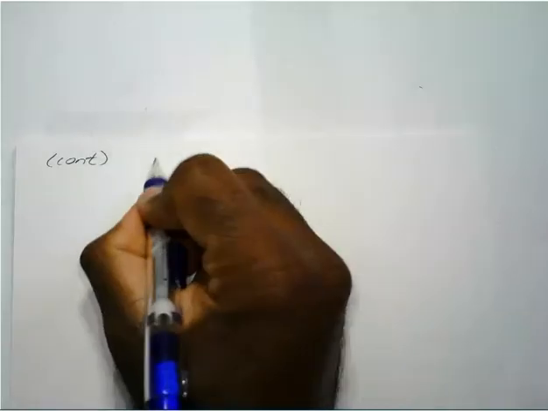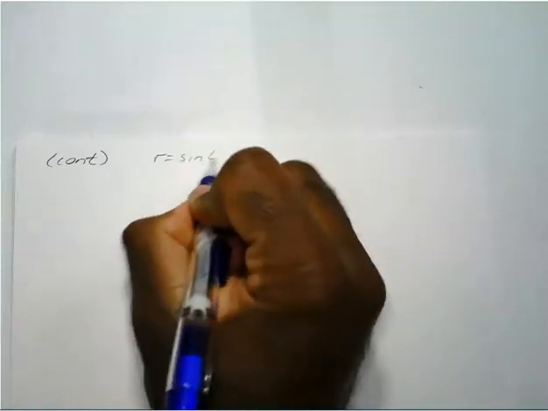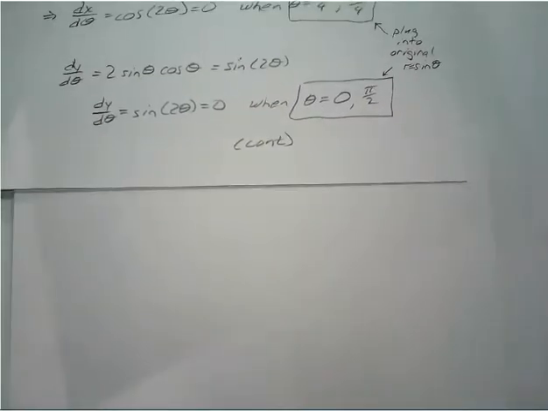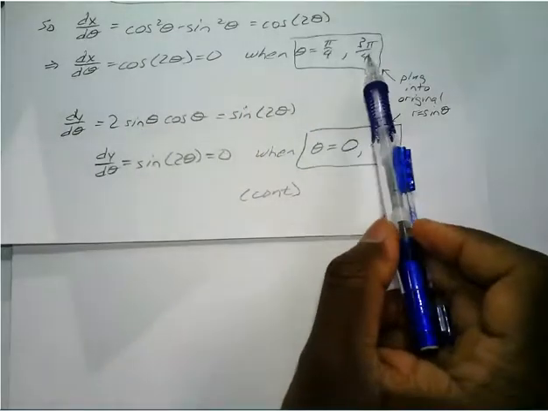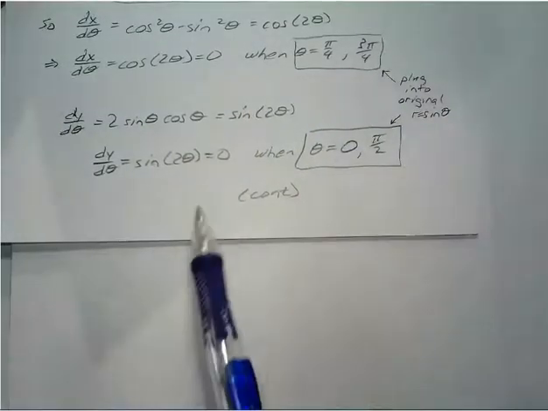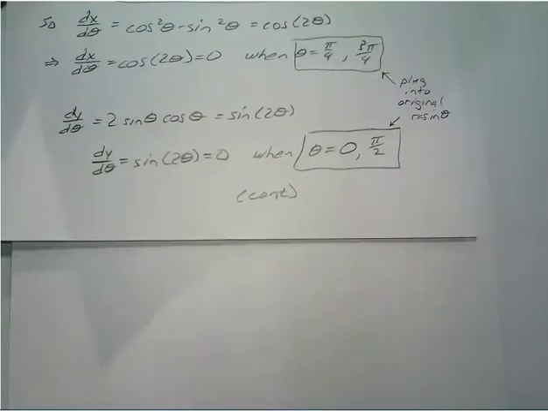Okay, so remember, r is equal to sine of θ. A quick flashback to the previous page: we have π/4, 3π/4, and we have 0 and π/2.